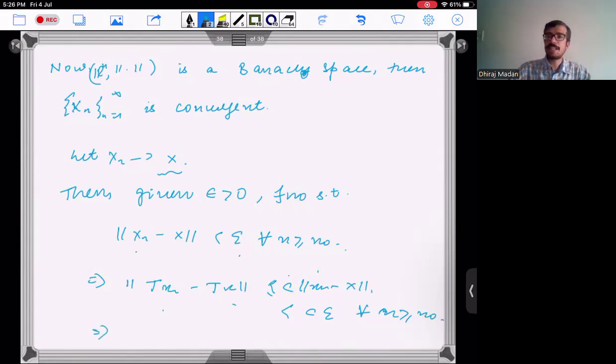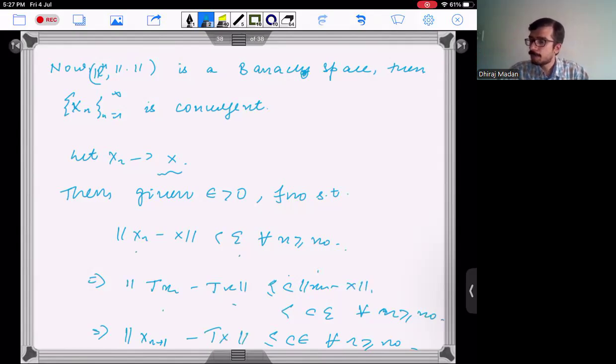But what is T of xn? By the definition of the sequence, T of xn is nothing but x_{n+1}. So the norm of x_{n+1} minus Tx is less than or equal to c times epsilon for all n greater than or equal to n naught. Okay.